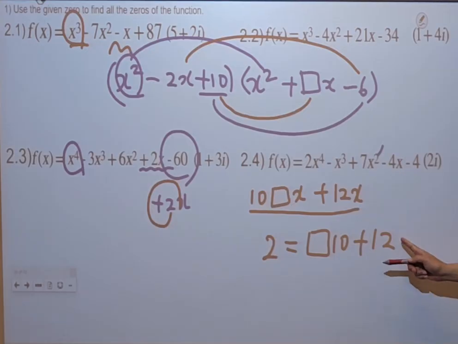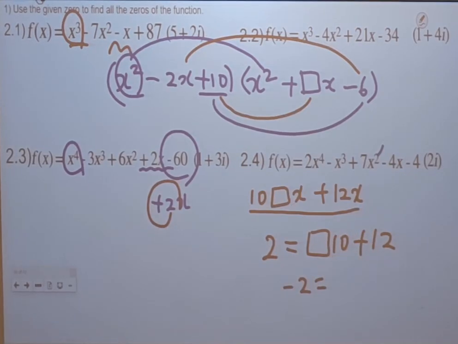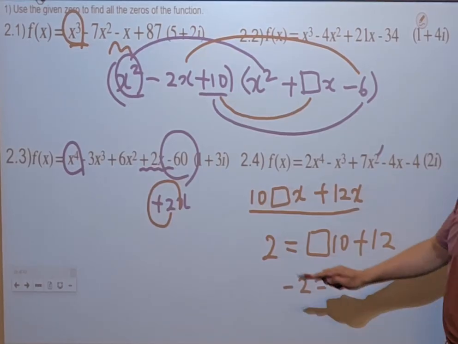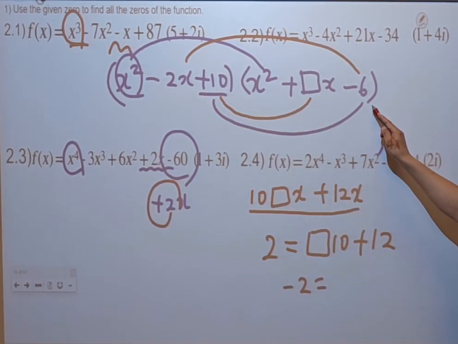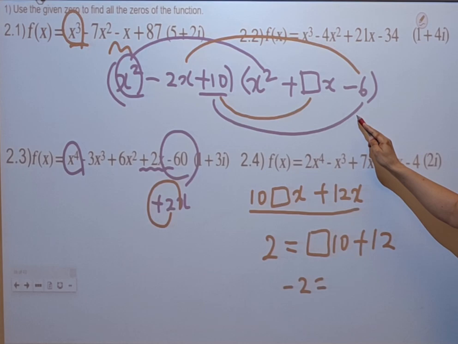Should then mean what? Minus 12, so minus 2. What's going on here? So 10 box x, and this is plus 12x, plus 2x. I think there's another first degree. No.